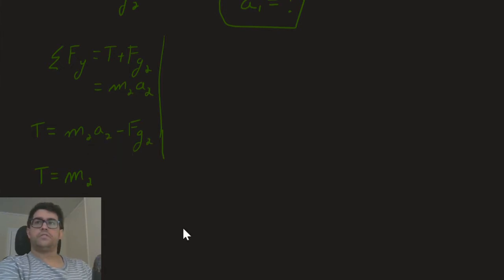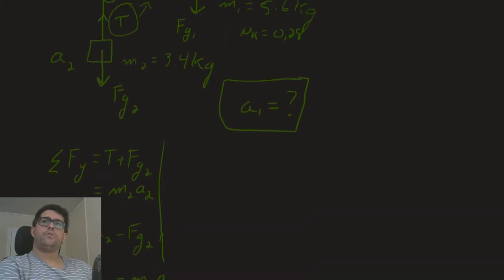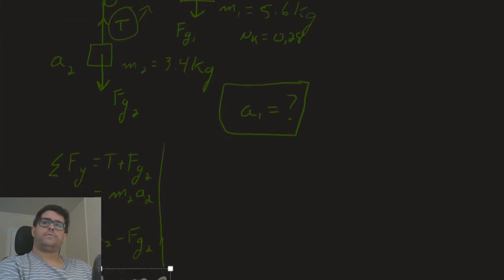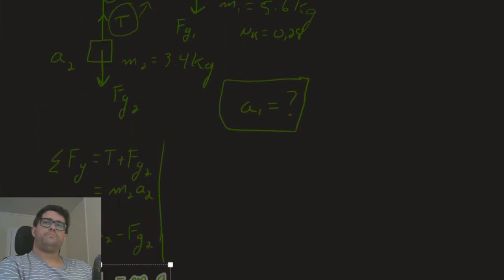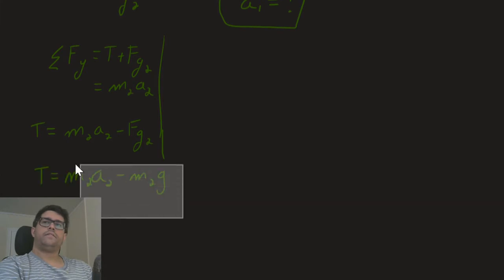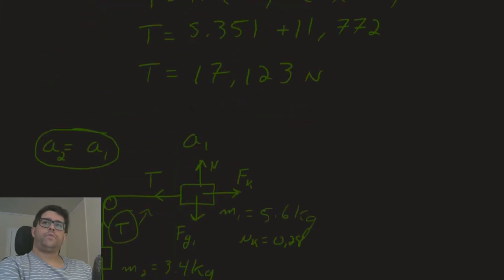Let's continue with this formula for now. T equals M2A2 minus M2G. So this is our tension. And we're going to need that over here with the T here.